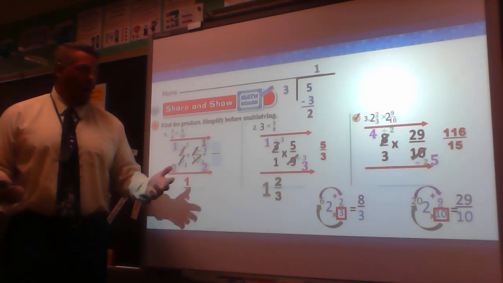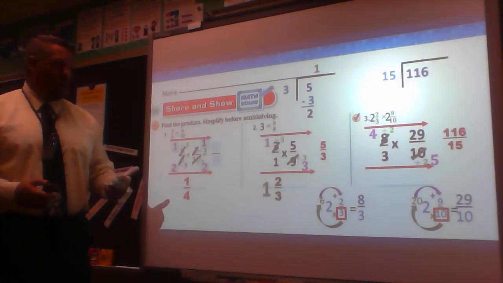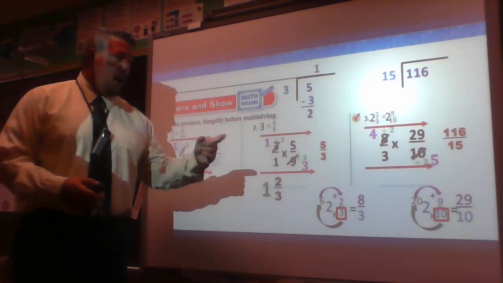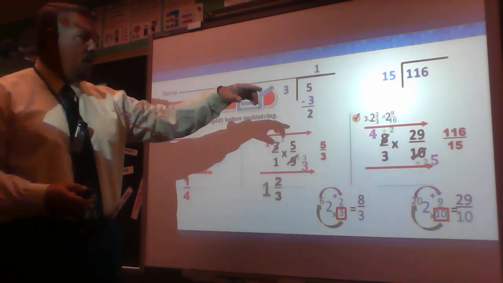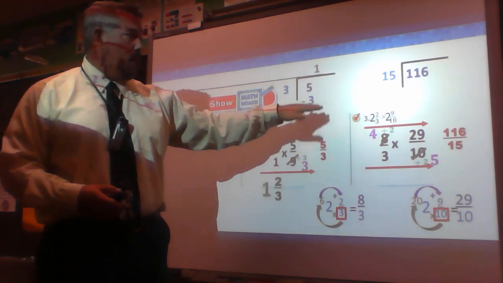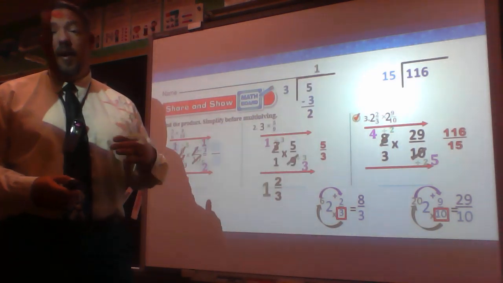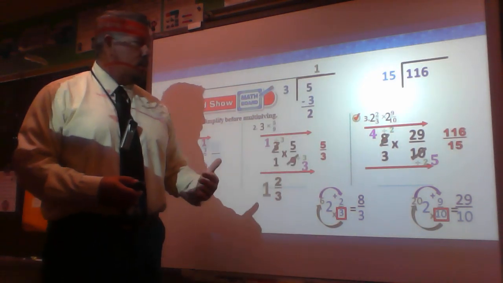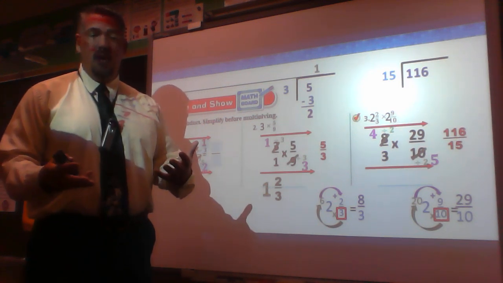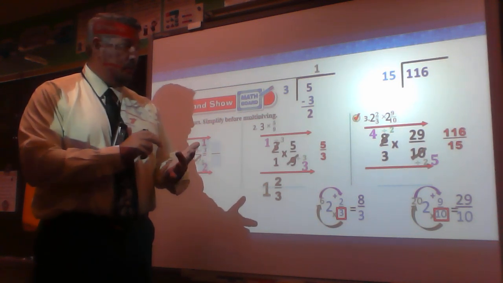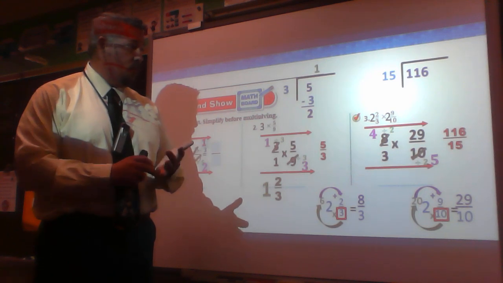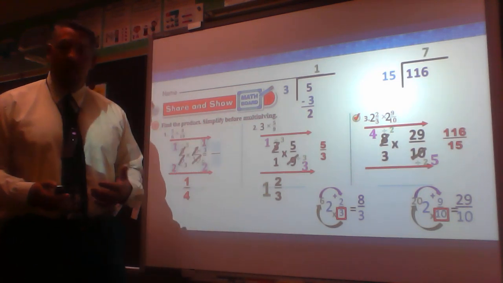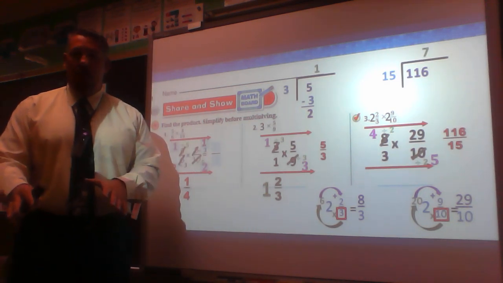That's top heavy. I know I have to divide to get my mixed number as my answer. So my top number of 116, my numerator, has to go inside my box. My denominator of 15 has to go on the outside of my box. Then I just divide and find out what my whole number is. I type it in my handy dandy calculator, 116 divided by 15 equals, and I see that I have a whole number of 7 and stuff, and I get rid of that stuff.